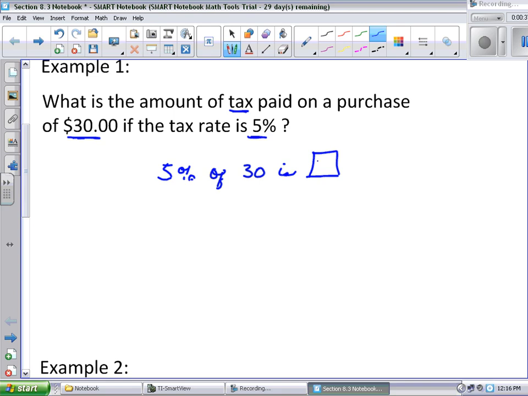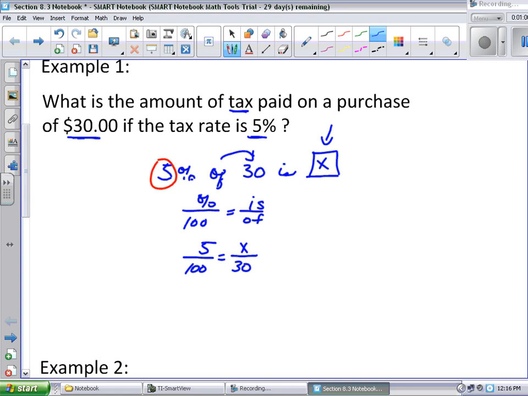So we're going to let what we want to know be X. And then I'm going to remember my formula, percent over 100 is equal to the is over the of, and I'm going to plug in what I need in that formula. Now the percent is 5, so we'll have 5 over 100. The is what we're looking for, that's X, and the of is 30.